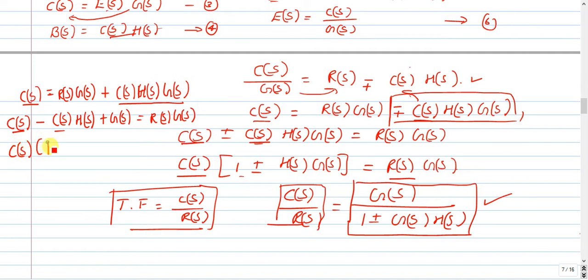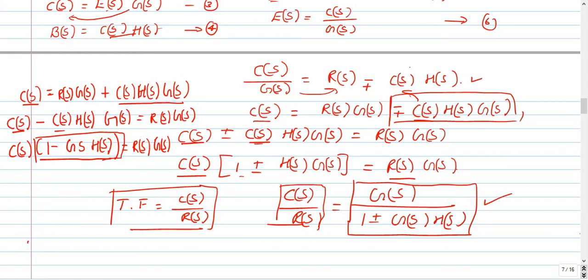C of S is equal to 1 minus G of S H of S, and the remaining is R of S multiplied by G of S. Now I will write in terms of C of S by R of S. I will transfer this complete term to the RHS.